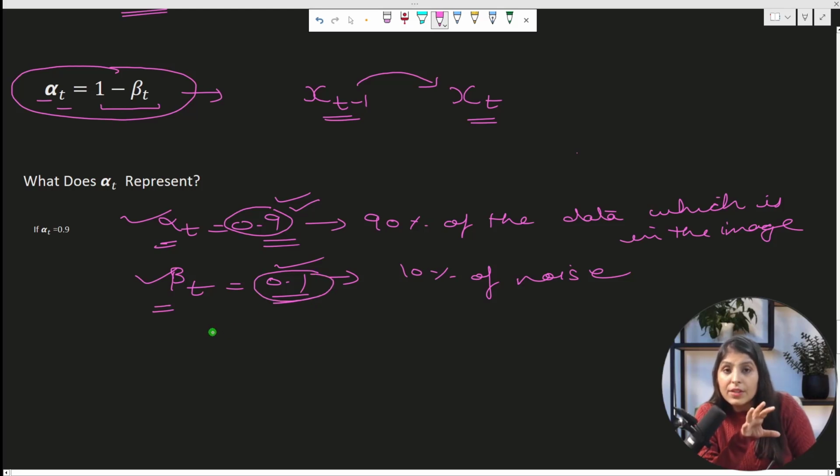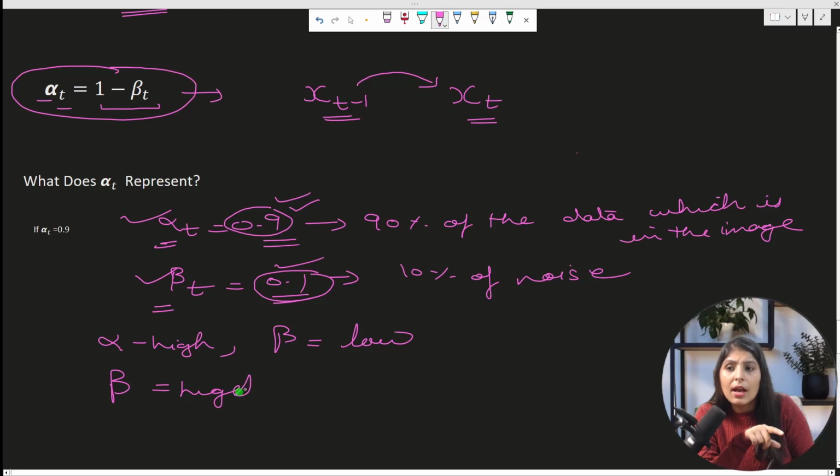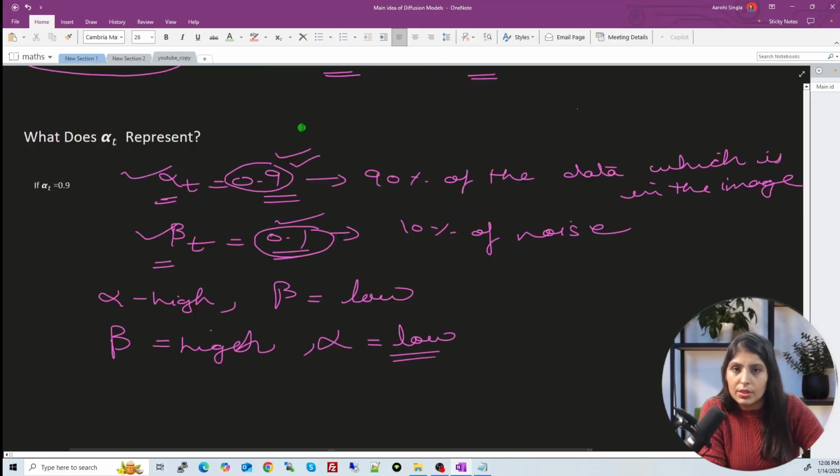Means if there is more data in the image, if you can see the image more clearly, that means less noise is added. So this is very clear. If the value of alpha is high, then the value of beta will be low. And if the value of beta is high, then the value of alpha will be low. Got it? Let's try to understand it in more detail.